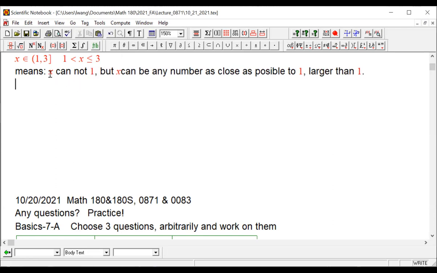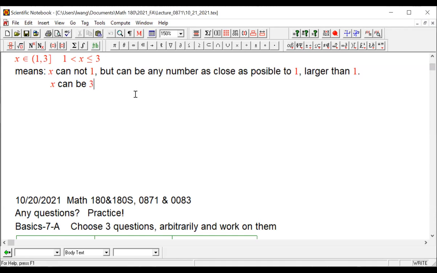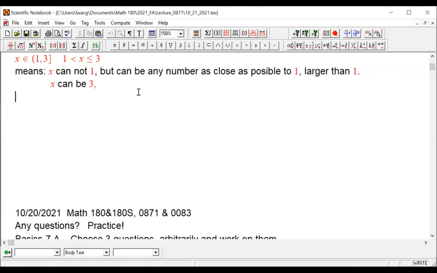On this side, it can be 3. x can be 3. In other words, x can be any number between 1 and 3, not including 1, but including 3.